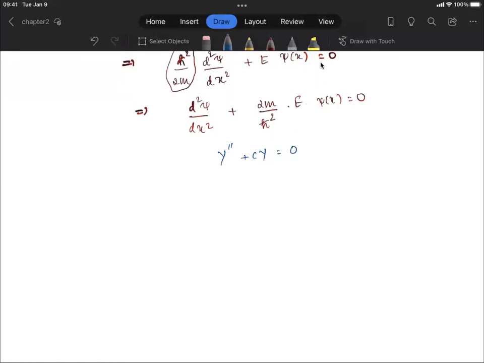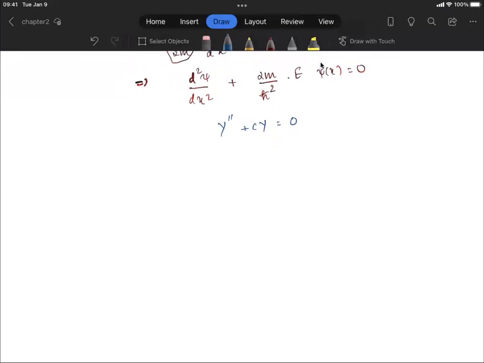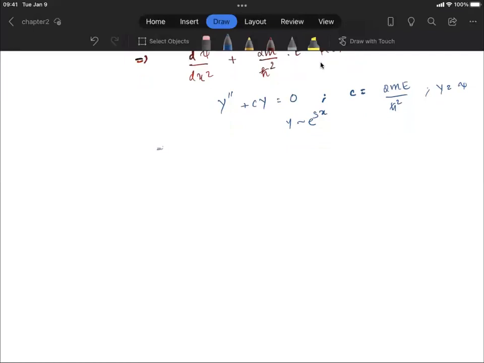And we know that in this case c is equal to 2mE over h bar squared, and y is actually this psi. So the solution is going to be of the form e to the power sx, right?